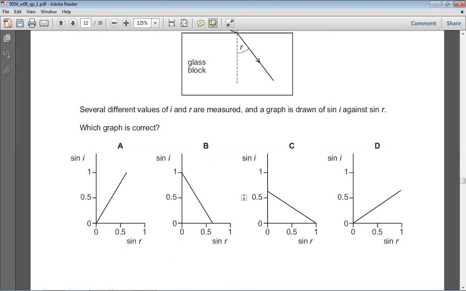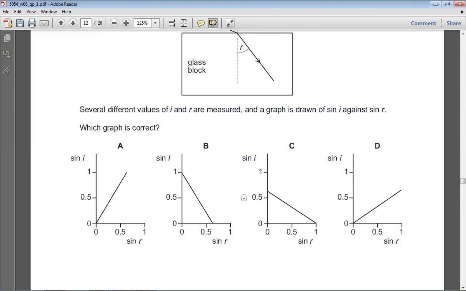On the y-axis, we have sine i. So the slope of these graphs represents sine i divided by sine r, which is the refractive index. So the slope of these graphs is equal to the refractive index of this glass.